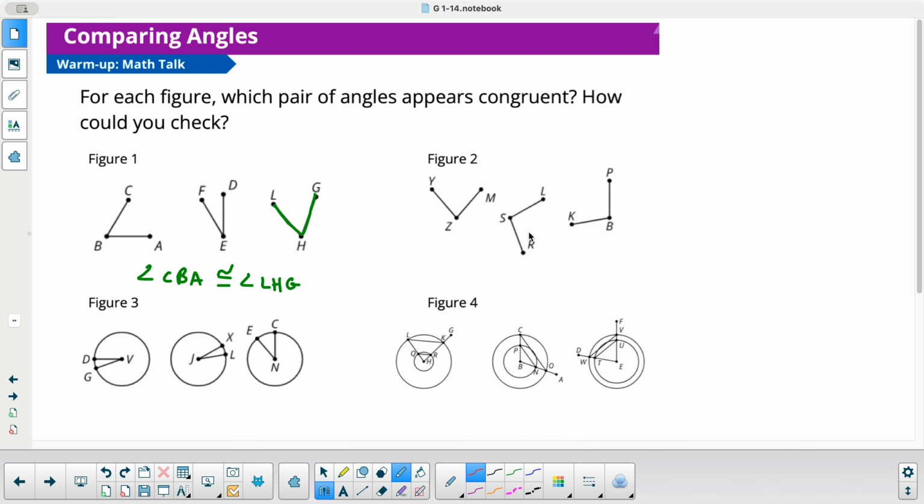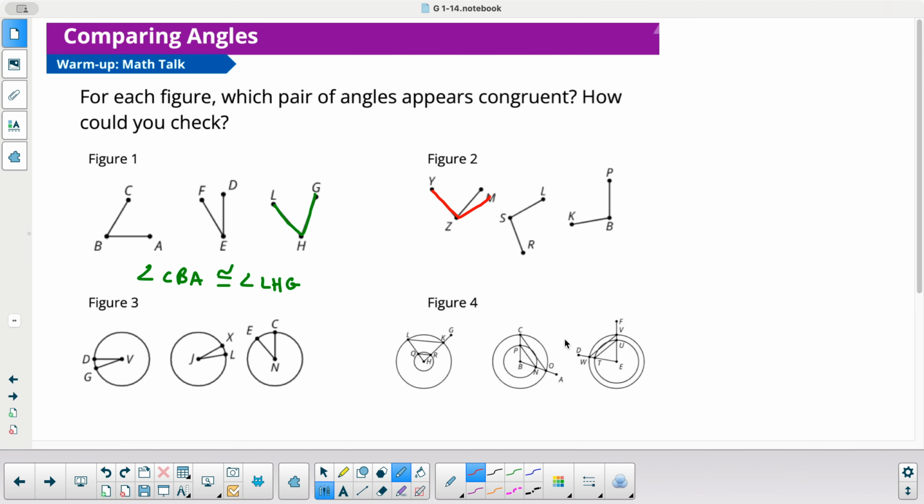Okay, over here, I think these two look a little bit bigger than angle YZM. So I trace them, and let's check, and there they are. If I want to double check with this one here, just line up a side, and you can tell they're not congruent. This angle is smaller than the other two.